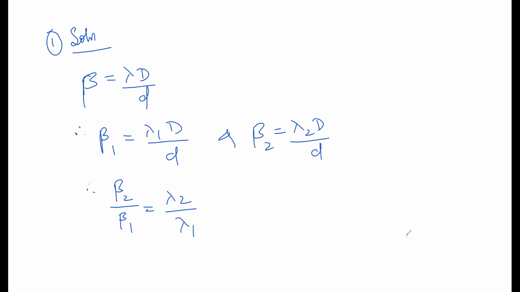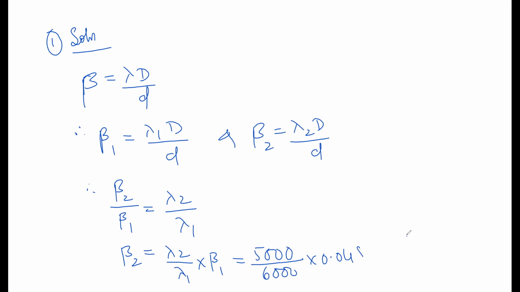Or beta 2 is equal to lambda 2 divided by lambda 1 into beta 1. So substitute the values, 5000 divided by 6000 into 0.048. So we are getting 0.04 centimeter. So here the fringe width beta value is 0.04 centimeter.